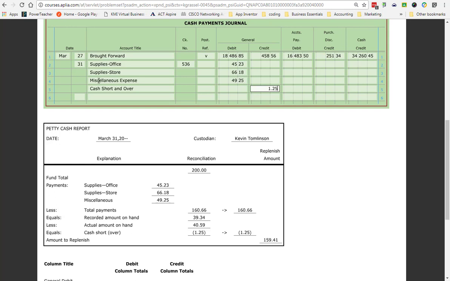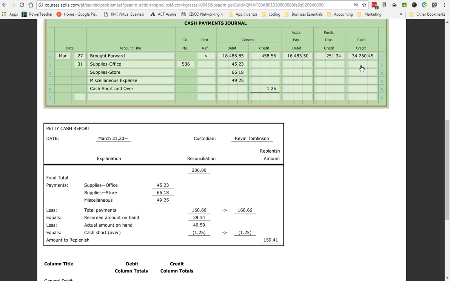What am I missing? Not 166. What account am I missing that I have to affect? Cash. Okay, so I have to do a cash credit, but not 160.66. I'm doing a cash credit for 159.41. So don't forget to get your cash up there.